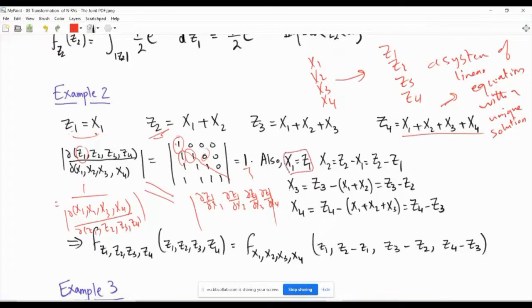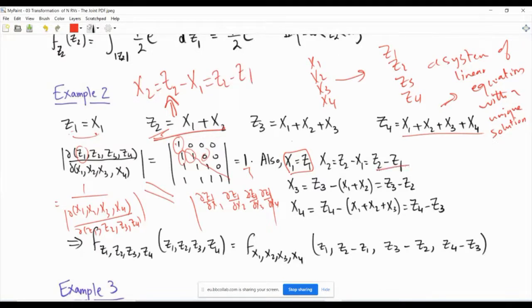Okay, so that's nice. Now, what is z2? So from here, x2 is z2 minus x1. If we want to express each x in terms of a z, then from the first one, we know that x1 is z1. So this is z2 minus z1.